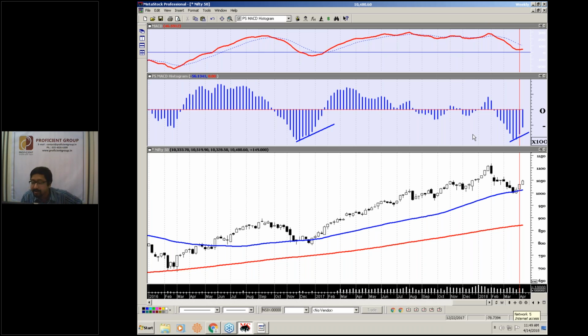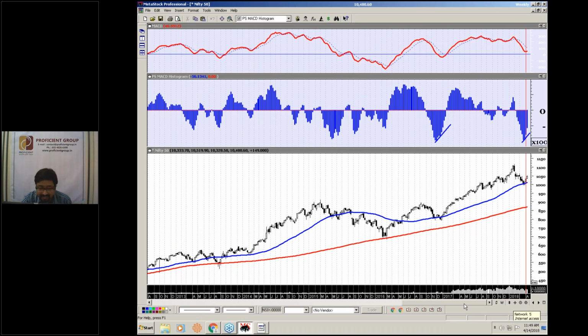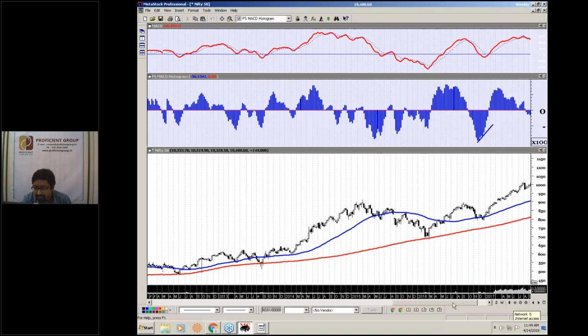But if the primary uptrend continues from here, then this will prove to be a strong, valid buy signal. This is a valid buy signal from MACD histogram, and this happens to be one of the strongest signals in technical analysis.